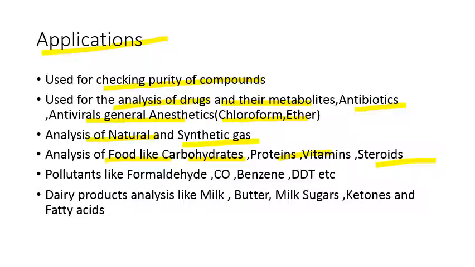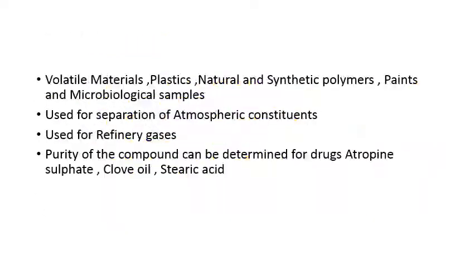Pollutant levels like formaldehyde, carbon monoxide, benzene, even DDT, their concentration can be analyzed by gas chromatography. Dairy products like milk, butter, milk sugars, ketones, fatty acids, including their purity, can be easily analyzed. We have a wide variety of applications of gas chromatography.